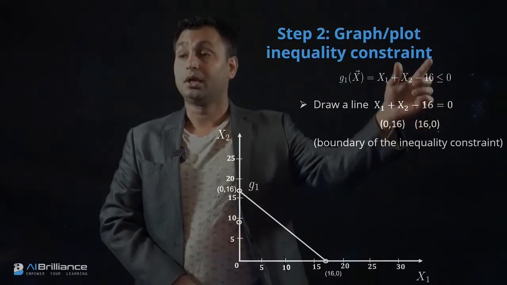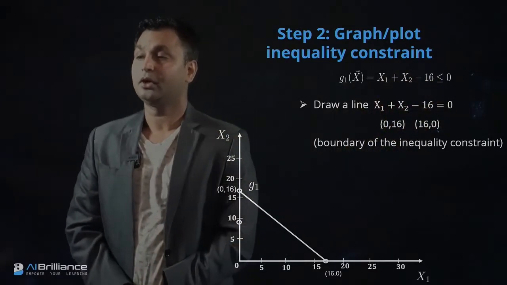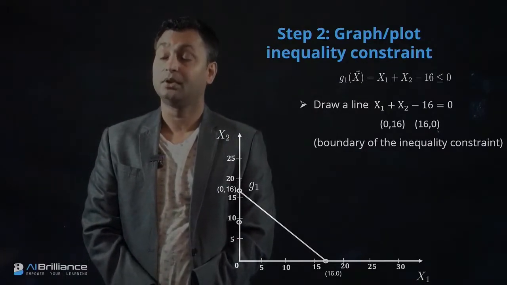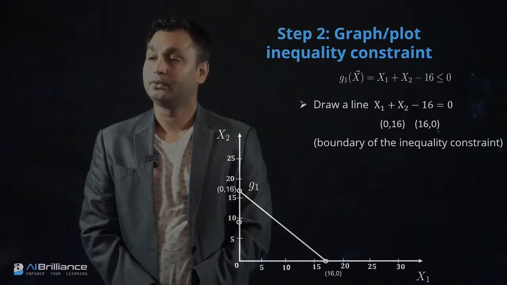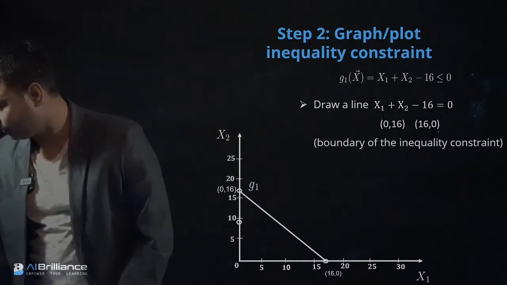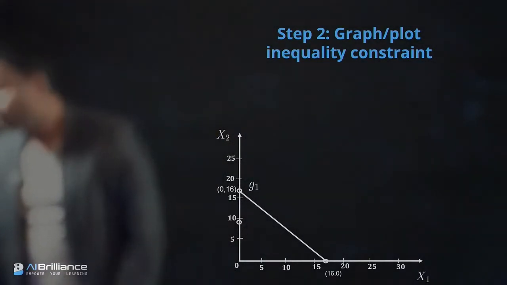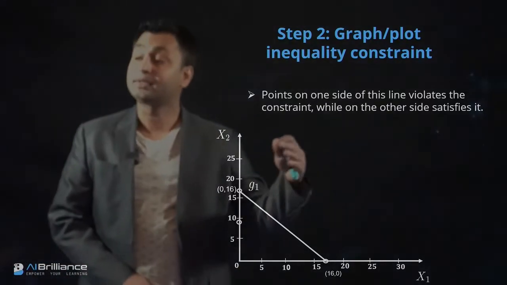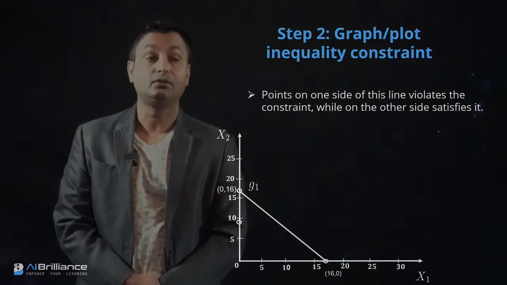We need to represent less than or equal to 0, and in order to find and represent that information, we have to do another step. That step involves finding which side of the line violates the constraint.